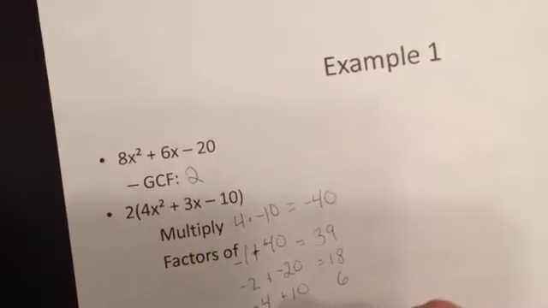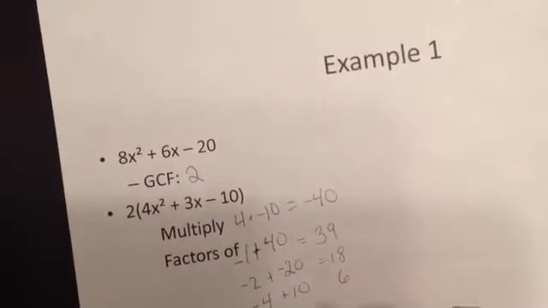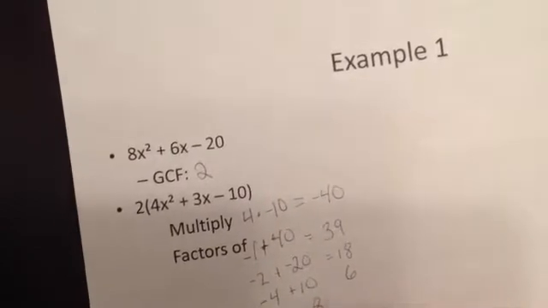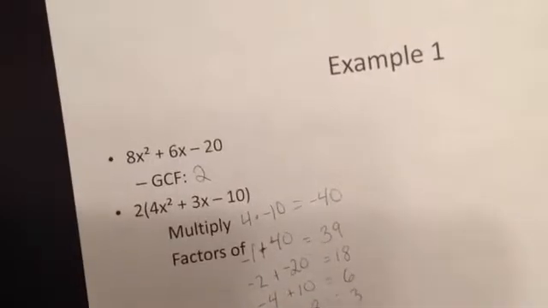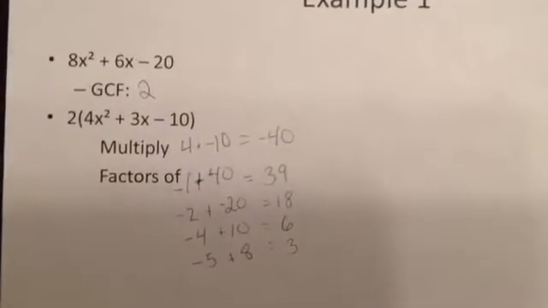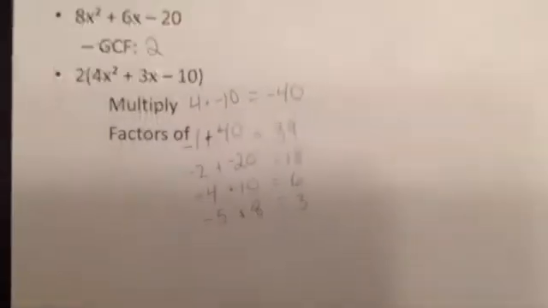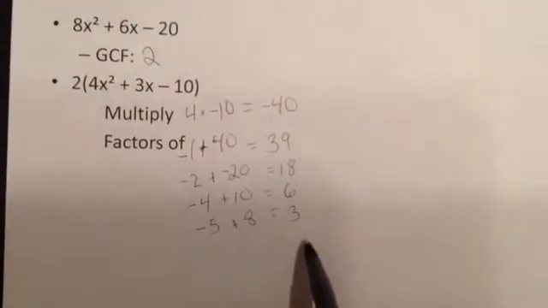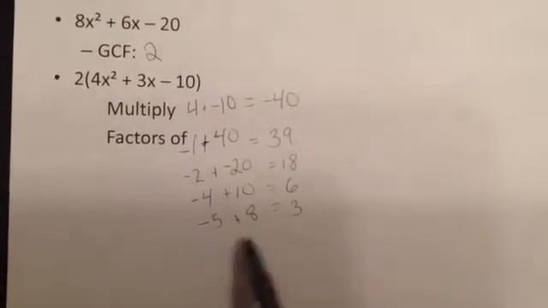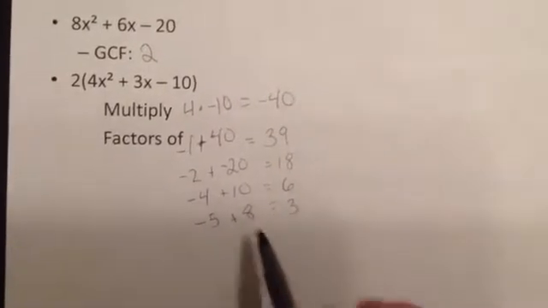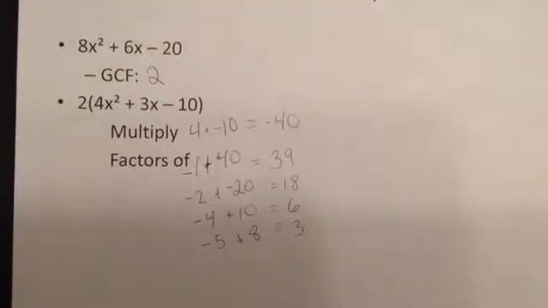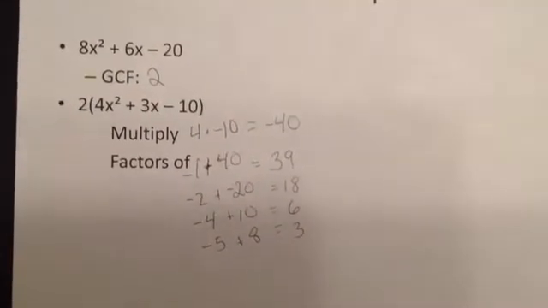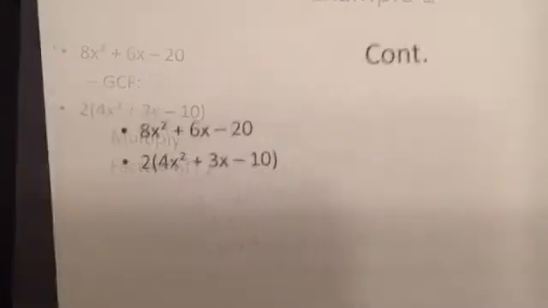And then negative 5 and a positive 8 would give us 3. So right there we have found our factors of negative 40 that give us positive 3. Because negative 6 won't go into it and negative 7 won't go into 40 as well. So we will take this and start on the next thing.